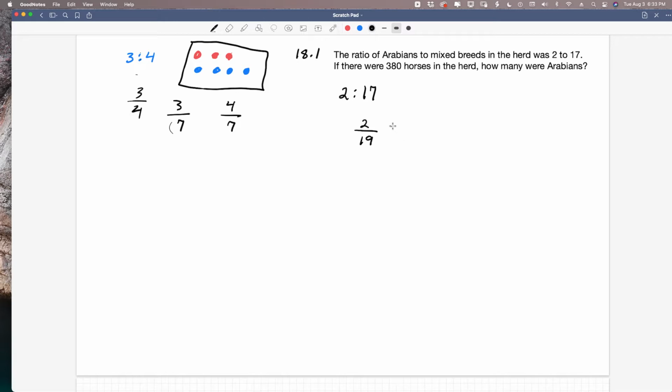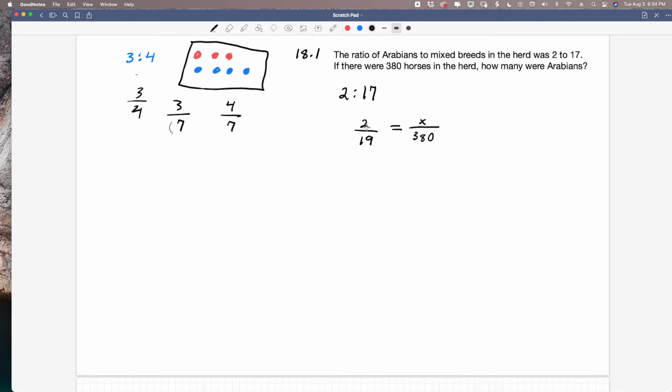So if we had a total of 380 horses, how many were Arabian? Well, if 2 represents the part that are Arabian, then x is going to represent the part of the total herd. And if 19 represents the total of the 2 ratios added together, then 380, which represents the total herd, should go in the same location that 19 does.